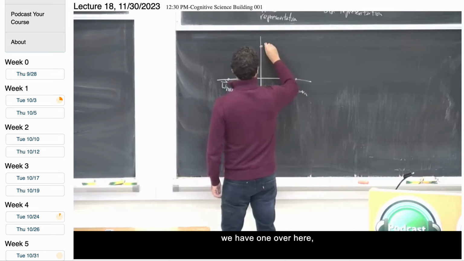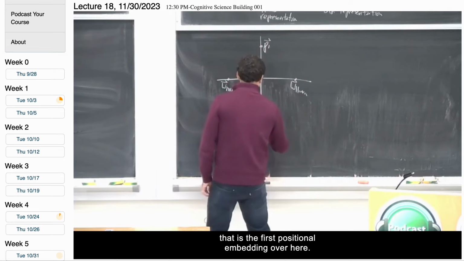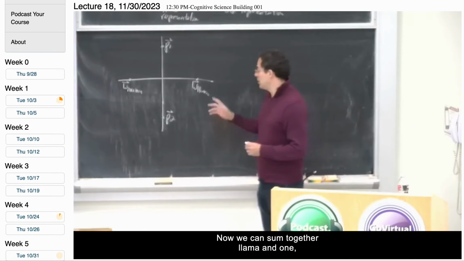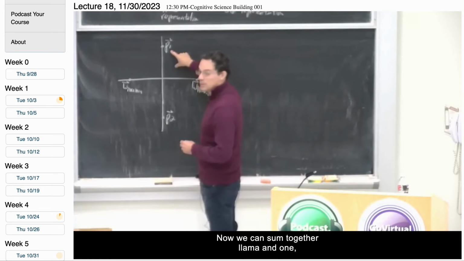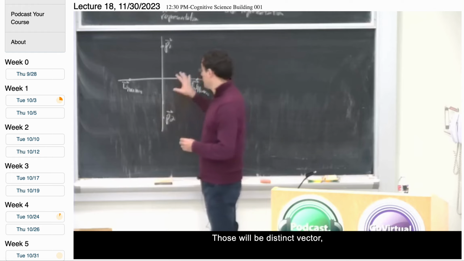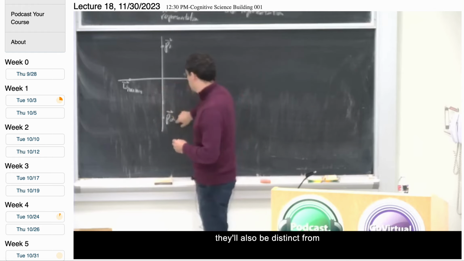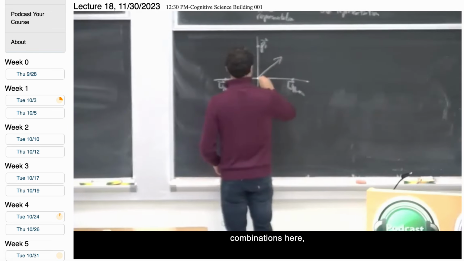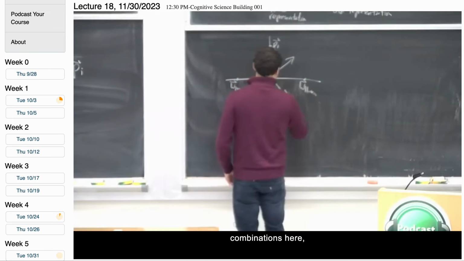We have P1, the first positional embedding, over here, and we have P2 over here. Now we can sum together llama and P1, and llama and P2. Those will be distinct vectors, and they'll also be distinct from mama plus P2 and mama plus P1. So the four possible combinations will be here.